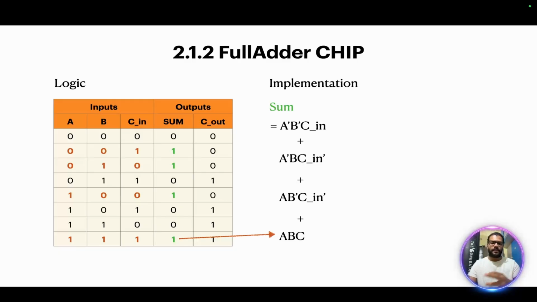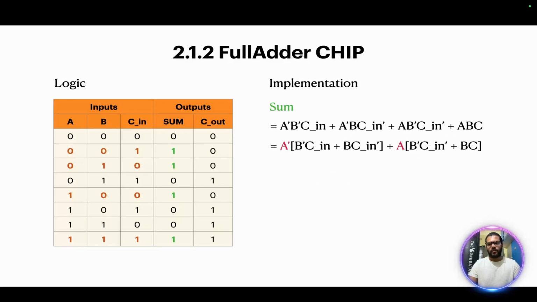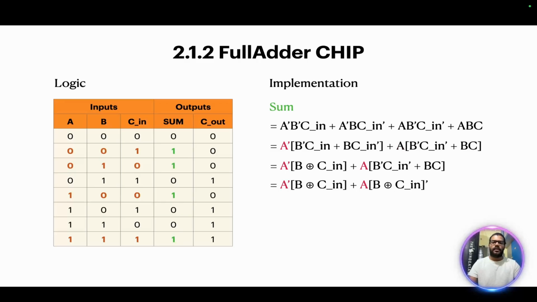So the entire expression that we have written, we'll try and simplify it further. We take A dash common in the first two terms and A common in the last two terms. In the first two terms you can extract B XOR C in, and the last two terms become B XNOR C in, which is the exclusive NOR.